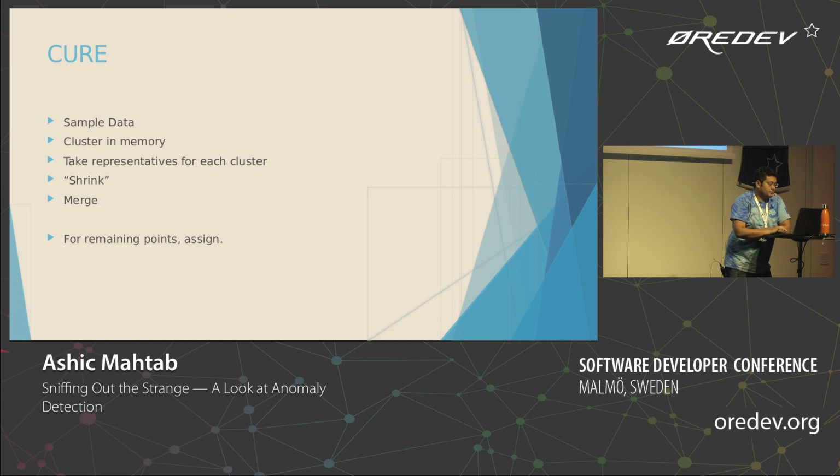So you cluster them in main memory, and then you take representative points from each cluster. Once you've got the representatives, we'll look at an example in a moment, you shrink them towards the center. And then you merge any clusters that happen to be close together. Once you've done that, you then go through your remaining data points, and you assign them to whichever cluster is closest. So what does that look like?